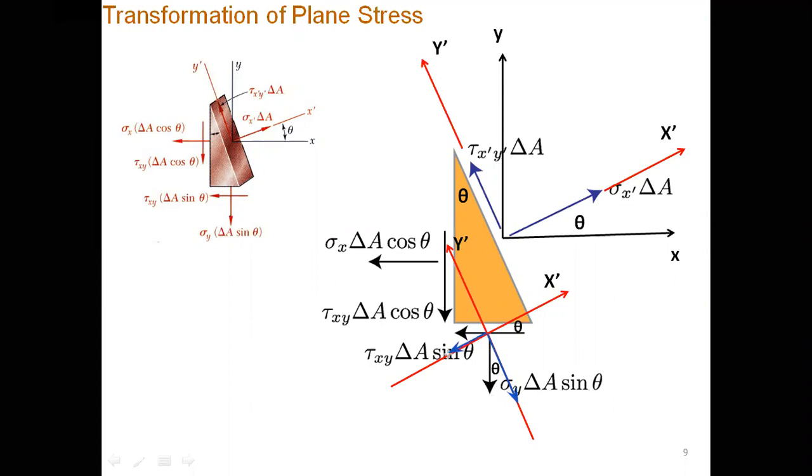Similarly, this would be the sine component, and this is the cos component. This would be sigma y delta A sine theta, again sine theta. So we have resolved this force into its rectangular components, and you have to write here sigma y delta A sine theta sine theta.